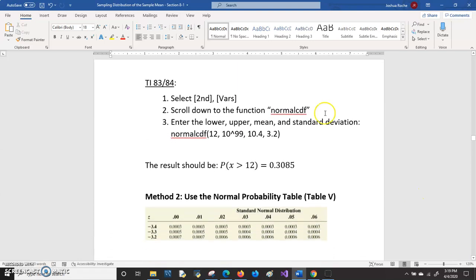On the TI calculator, again you would use normalcdf, put in your lower bound, upper bound, mean, and standard deviation. Either way, you should get a result of 0.3085.